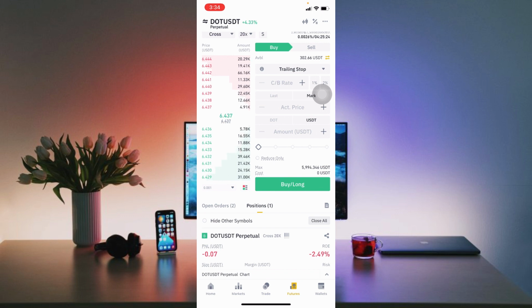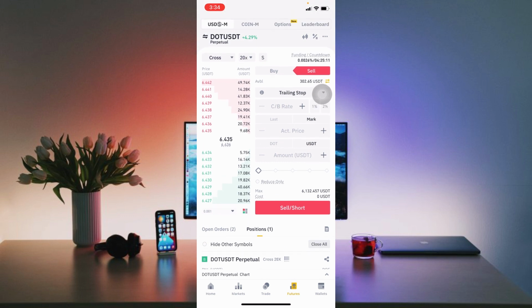When you are using a trailing stop on this particular currency pair, you have to change it to sell and enter the amount, the cost, and also make sure that your leverage is still the same. Don't change the leverage. You remember I told you the leverage should be 20x, and also the activation price should be the amount that you are willing to trigger the thing.